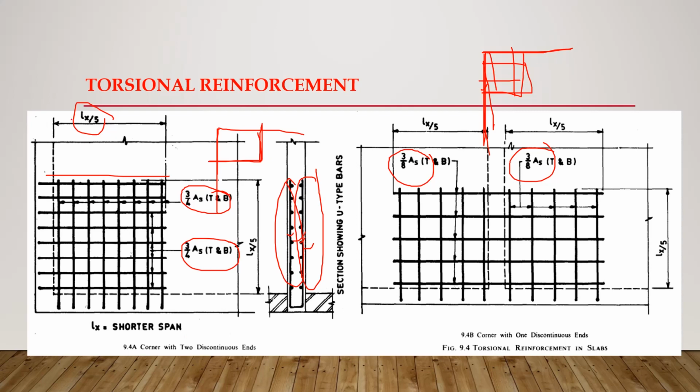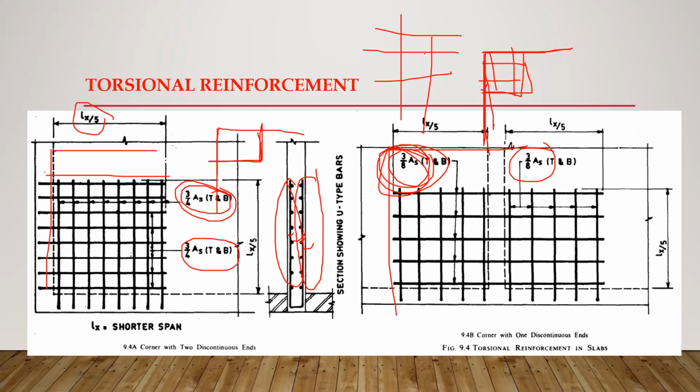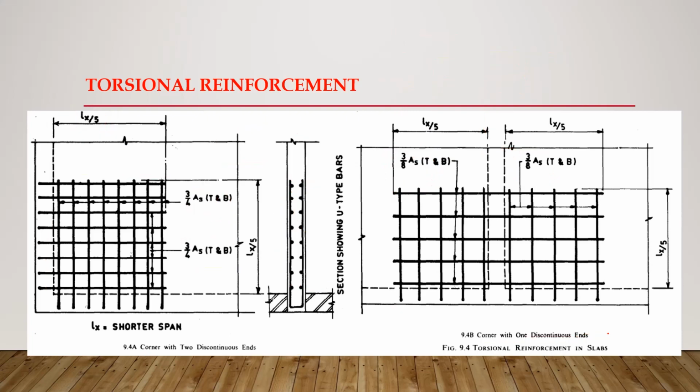So remember this: if both edges of this corner are simply supported, 3 by 4 times the area; if one edge is simply supported, 3 by 8 times the area; and if both edges are fixed, or in cases where both edges are continuous, then we do not provide torsional reinforcement as they are already restrained from lifting. So this is a corner with 2 discontinuous edges and this is a corner with 1 discontinuous edge.